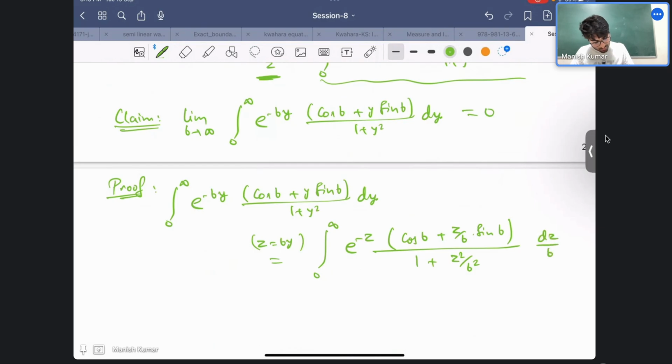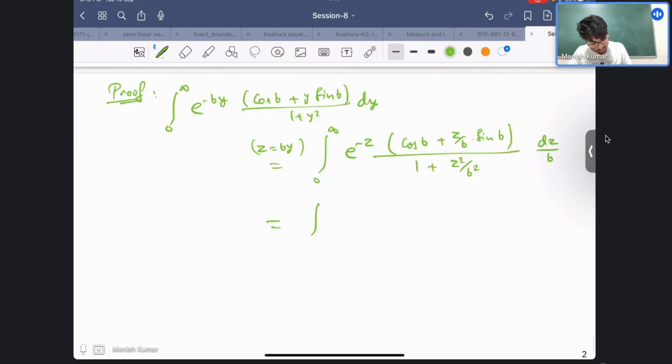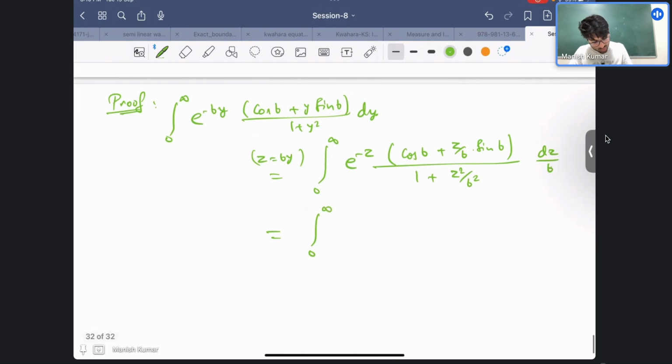Now if I do it further, from 0 to infinity, the limits will not change, so e to the minus z. Here take the b LCM, so you'll have b cos b plus z sin b, and then b square plus z square by b square. Here 1 by b is there, and here b square is there, and here you have 1 by b again, so all these will cancel out.